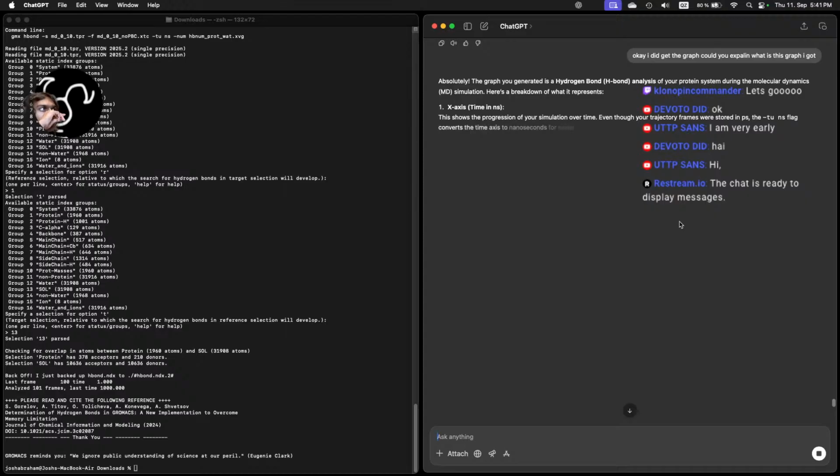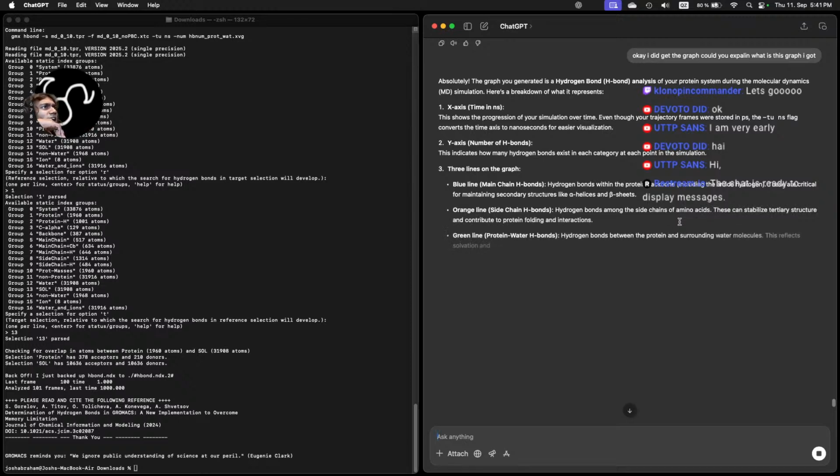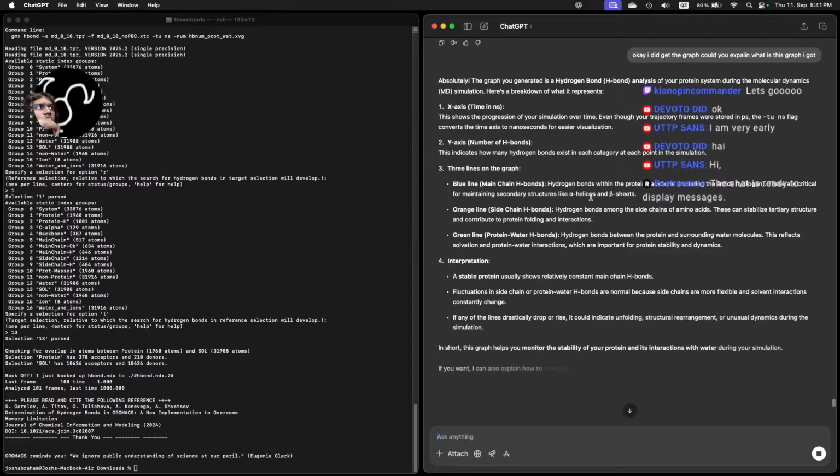Hydrogen bond analysis of a protein system during the molecular dynamics simulation. X-axis: time in nanoseconds, which shows the progression of your simulation, even though your trajectory frames were stored in picoseconds.